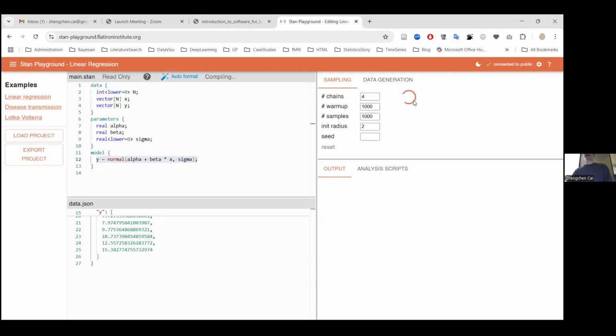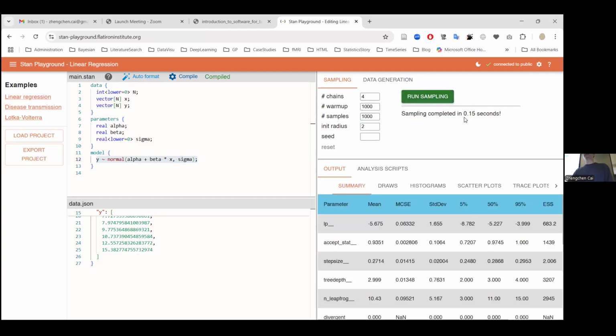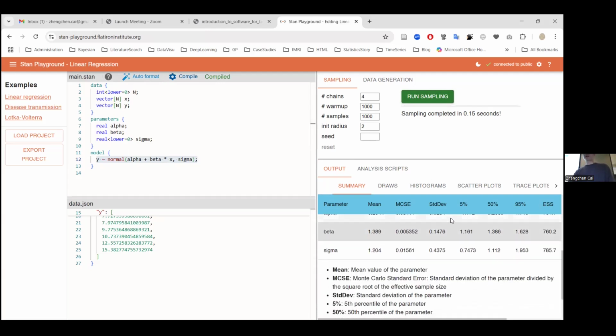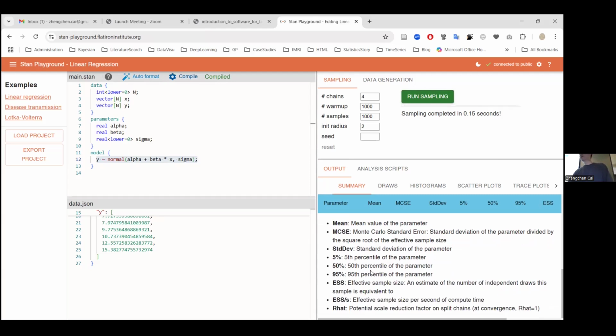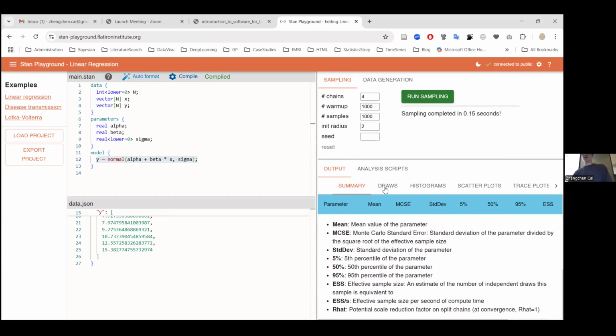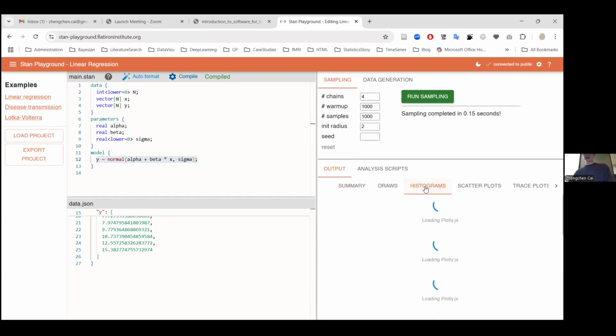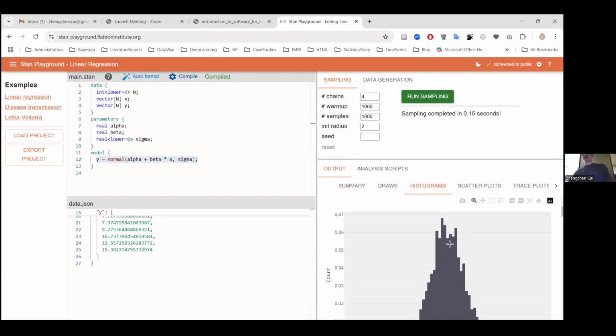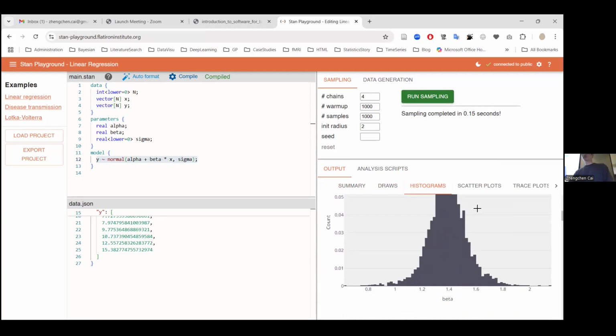Okay, and I can compile the model here, and then I can run. So it finished very fast because it's just a linear regression, right? And you have your draws here, each parameter, the values, the summary, and the explanation of each variable. And you can even see the histogram of your intercept and your slope, right?